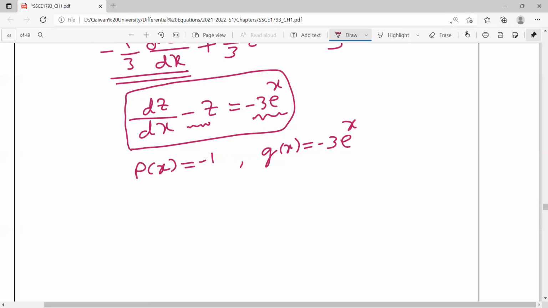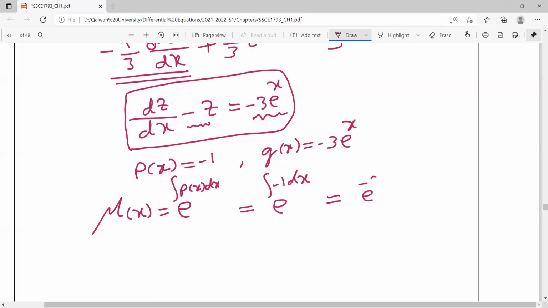And then we're going to find the integrating factor, mu. Mu of x equals e to the power integration of p of x dx. Here, p of x is -1, so it is e to the power integration of -1 dx, and it equals e to the power minus x.